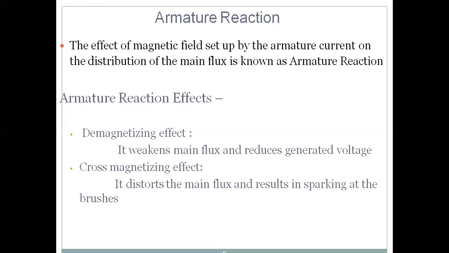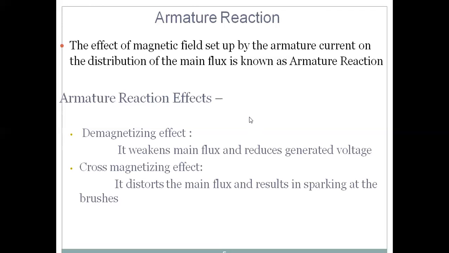By weakening the main flux, the net induced EMF reduces. By distortion of the main flux, sparking takes place at the brushes. These two effects are called the demagnetizing effect and the cross-magnetizing effect.